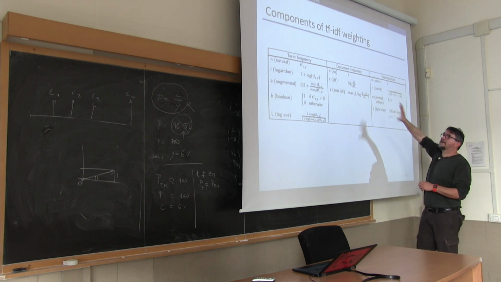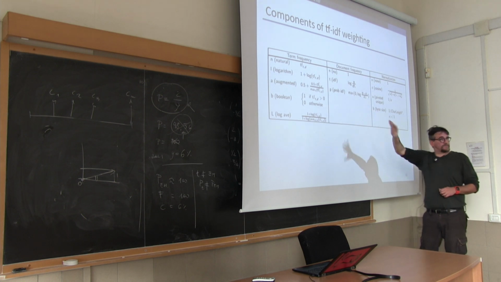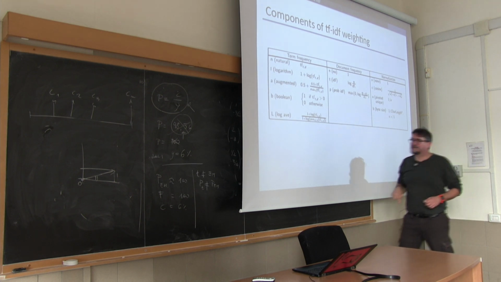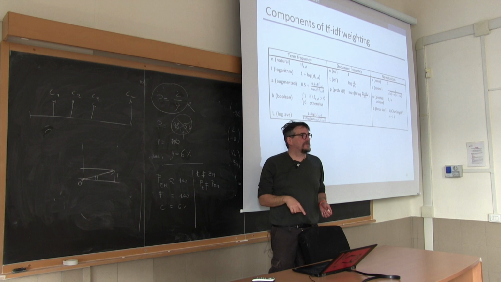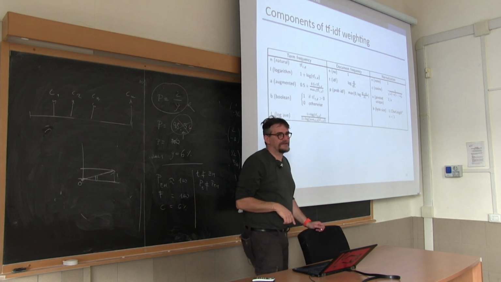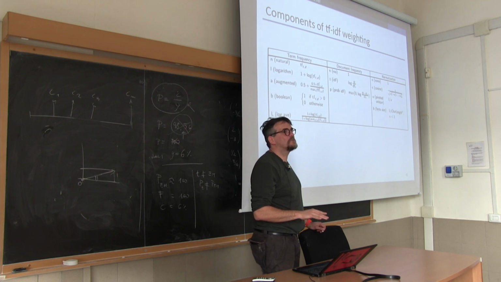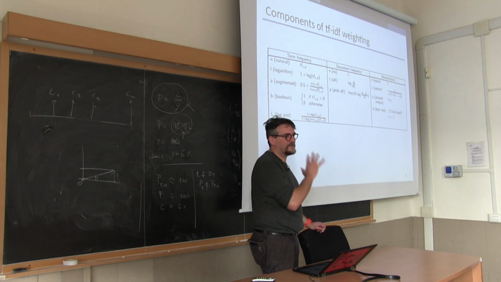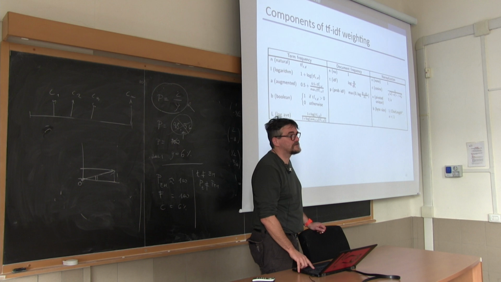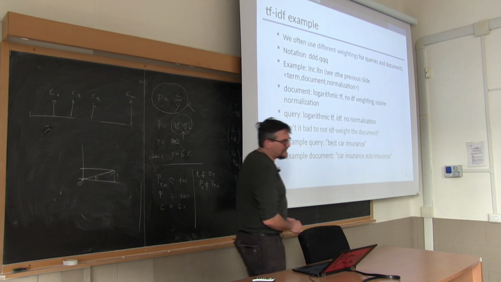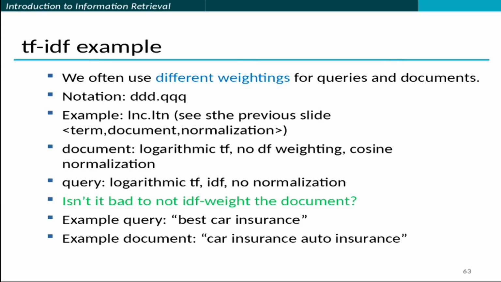But actually you can combine all those possibilities, okay? And we will see later on that one of the most used techniques is not so natural, according to what we said before. It appears not to be so natural, but let's see. Basically we can apply different weightings for queries and documents.